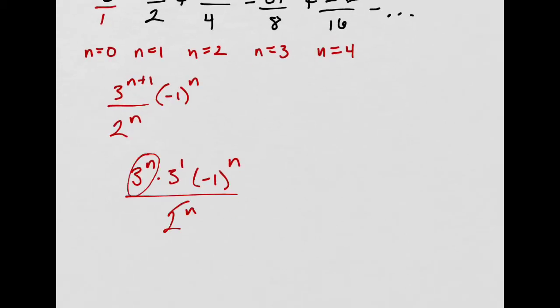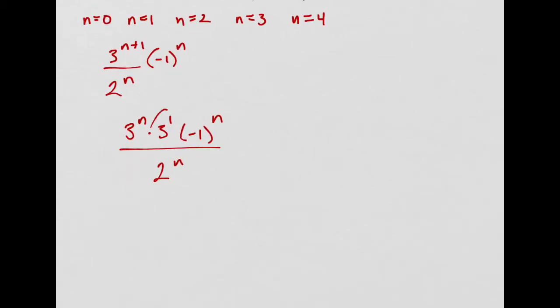Now I notice that all of these are now raised to the n, so I'm going to combine them and then just have a 3 out front. 3, and then times, actually -3 over 2, because 3 times -1 is -3. And then I have an n on the outside. So there I go.